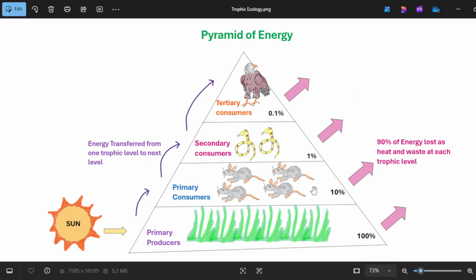Like breathing, growing, moving, hunting, jumping, all these require energy. So 90% of energy is lost through their metabolism, digestion, breathing, and all their activities, and only 10% gets passed to the next level. So imagine the eagle has only 0.1 percent. To reach 100 percent, it has to eat 100 snakes.